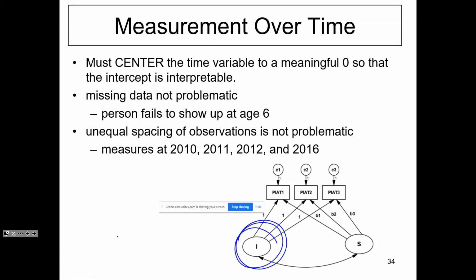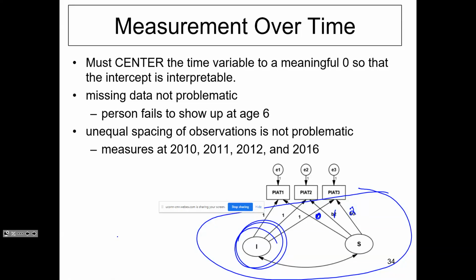The most interesting action in this model is really happening here, in the structural part of the model. If I want to think about how to code time here, I was giving the example of 0, 1, 2 being really common. If I do that, then the intercept is the predicted value when time is 0, and time is 0 at the first wave of data collection, right? So it's really important to think about where you want that 0 to be.